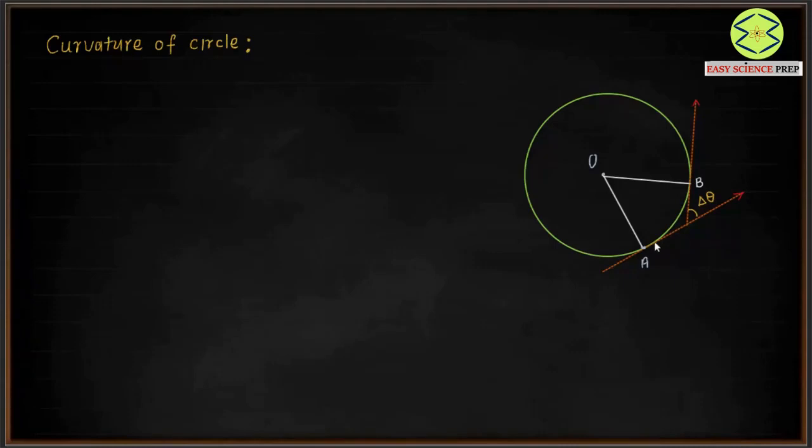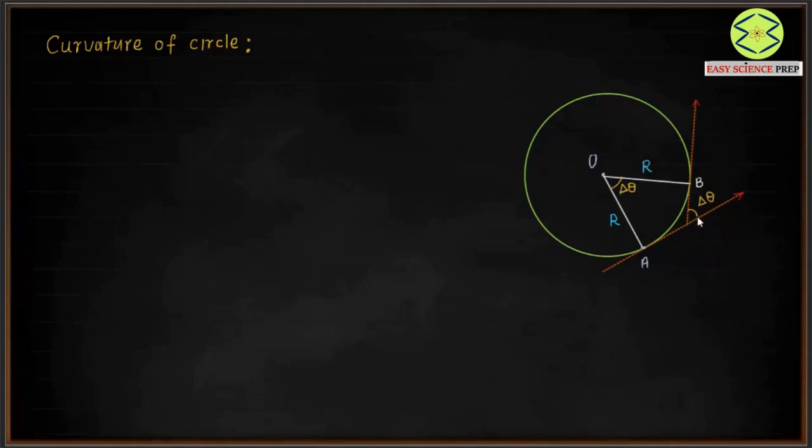Now by geometry it is very clear that if this angle is delta theta, at the center also the same angle delta theta is covered by the radius. So the radius r will also describe the same angle delta theta at the center, right?